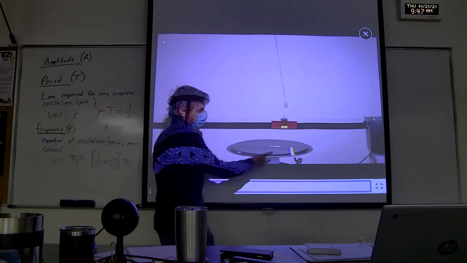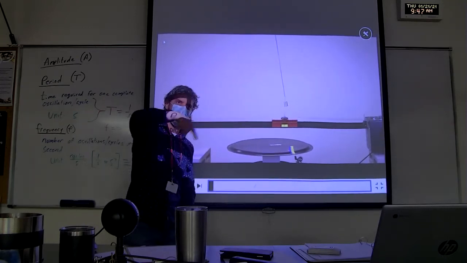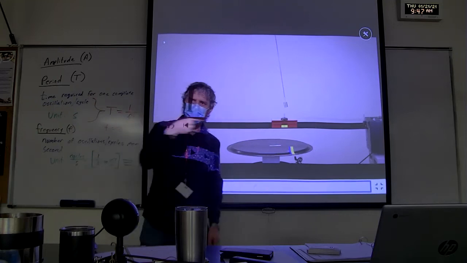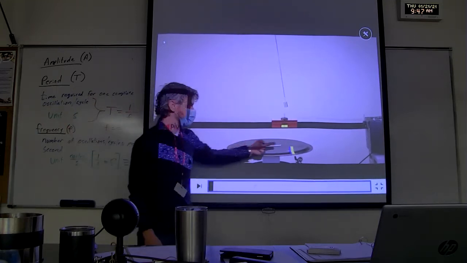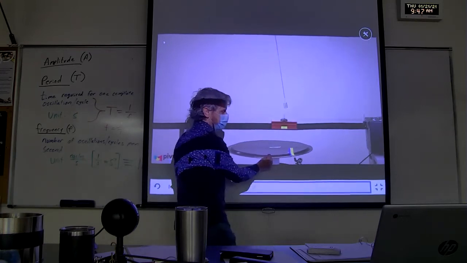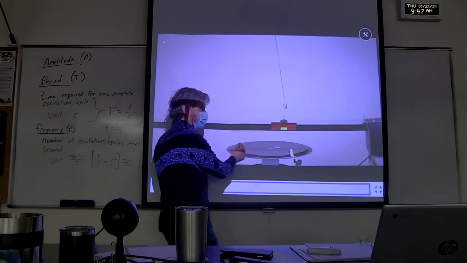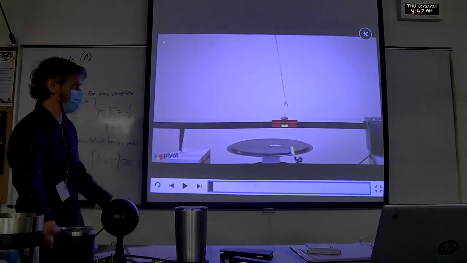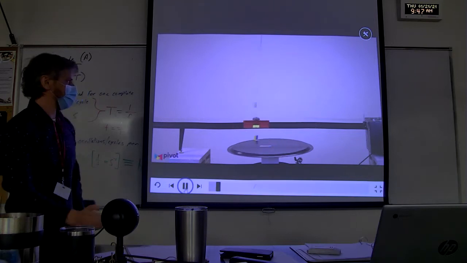And as you'll see, when this piece of paper, yes, it's moving in a two-dimensional plane at the same speed. But if we just focus on the horizontal component of that motion, or the x direction component of that motion, then it's moving the fastest when it's here, and then it stops when it's here, and then it's moving the fastest when it's here, just like the mass on the spring, and just like the pendulum.